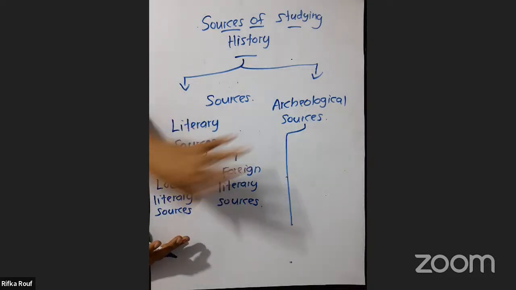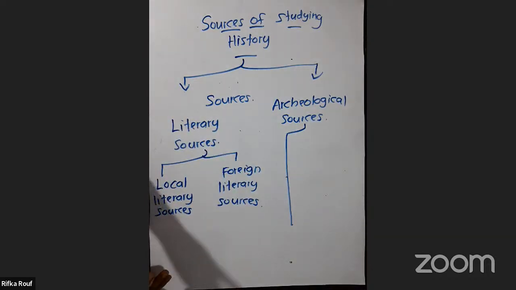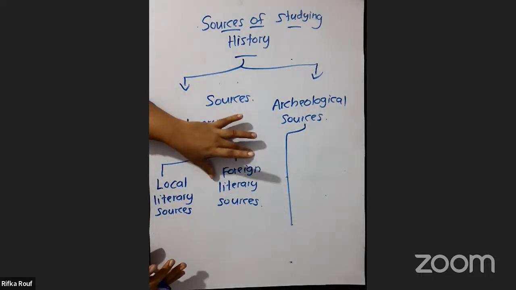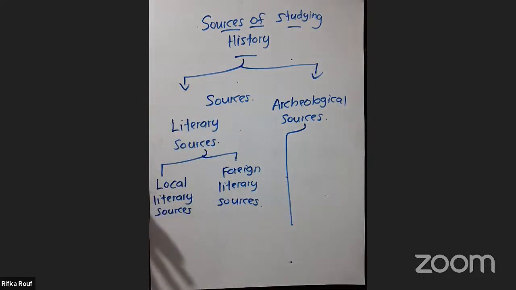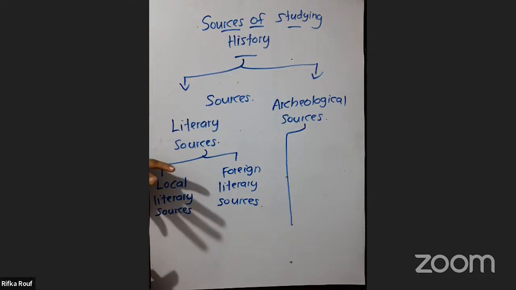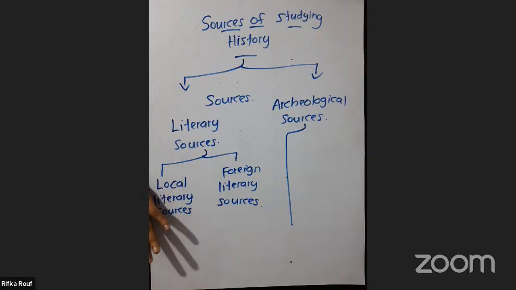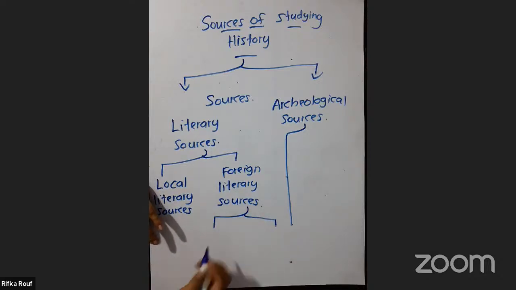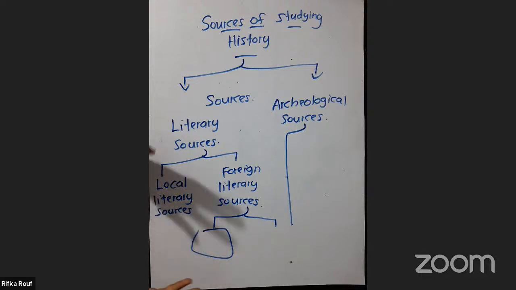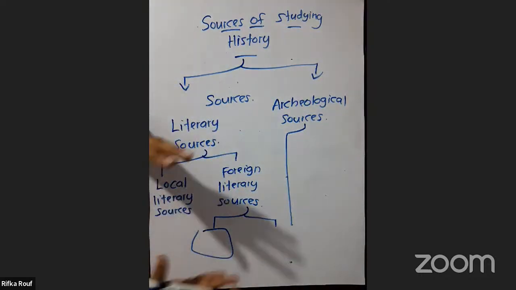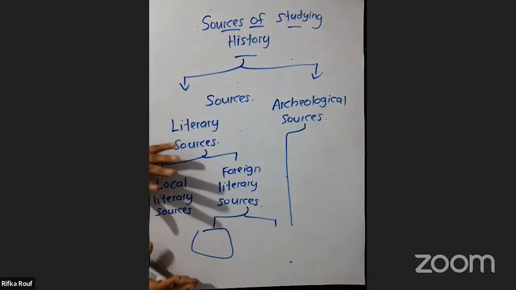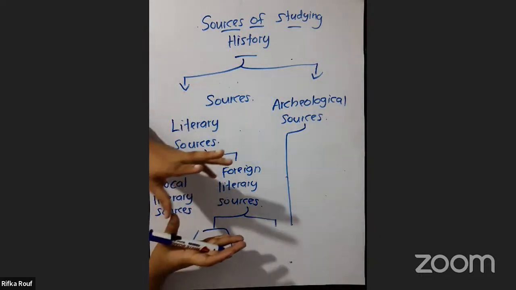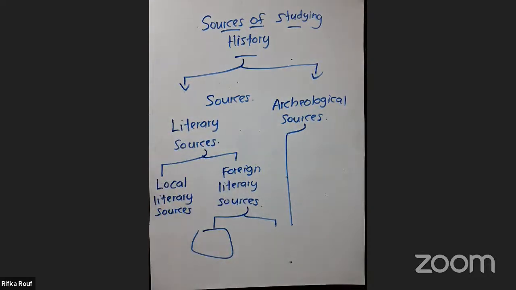And foreign literary sources means writers, authors who have heard about our country and who have mentioned information about our country in their books. The foreign literary sources we can divide into two. Some writers came to Lanka, saw Lanka, and included that information in their books.